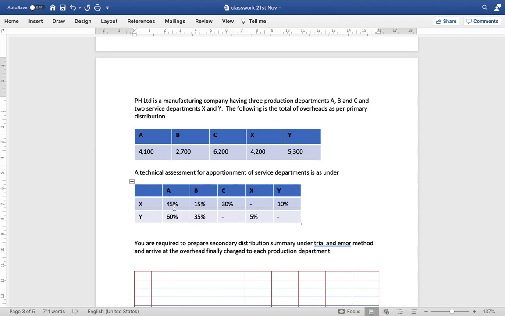And this is the ratio of apportioning to the production department from service department.